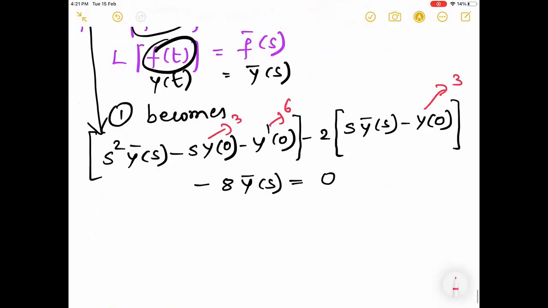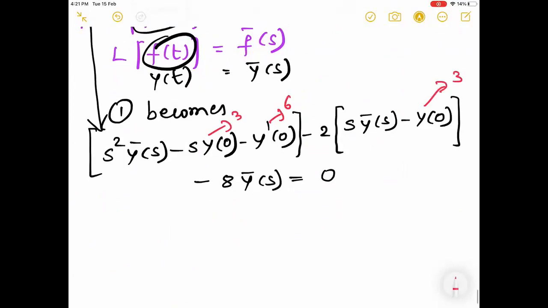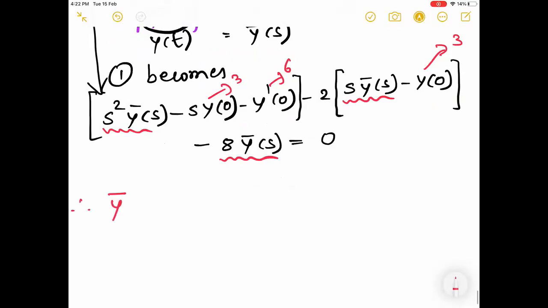And we will collect all the terms of y bar s in one bracket. Therefore, y bar s into, what will be the bracket term? What will be the coefficient of y bar s? S square minus 2s minus 8. Correct.